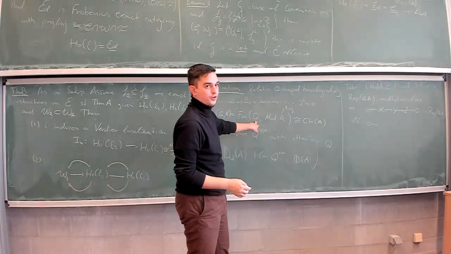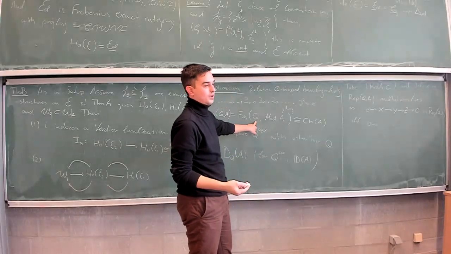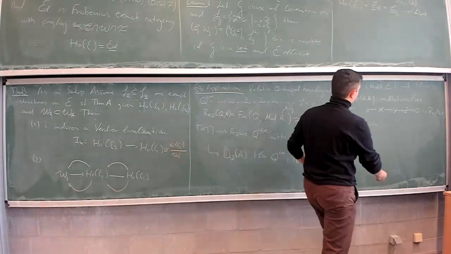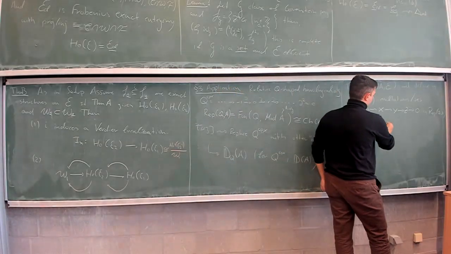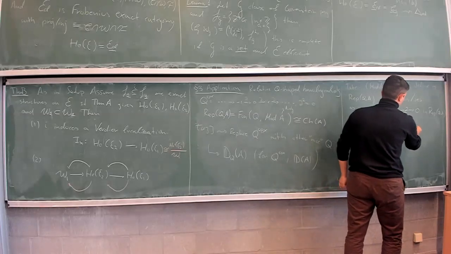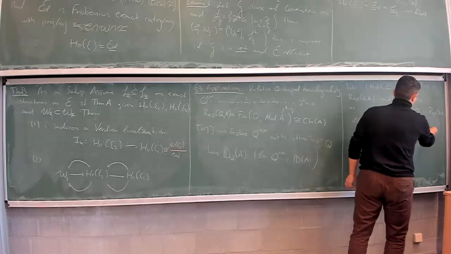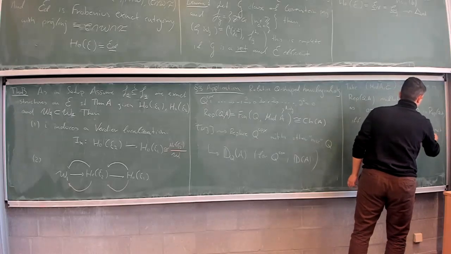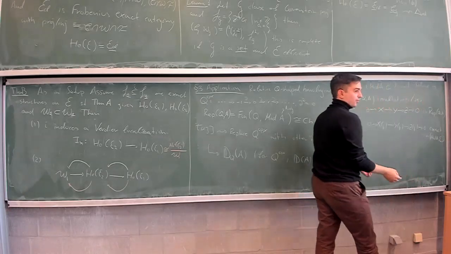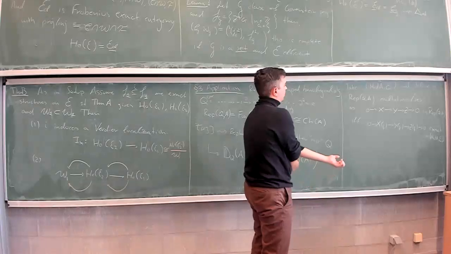So for each object Q of my big Q, I want this to be an exact sequence in mod A with the exact structure, okay?